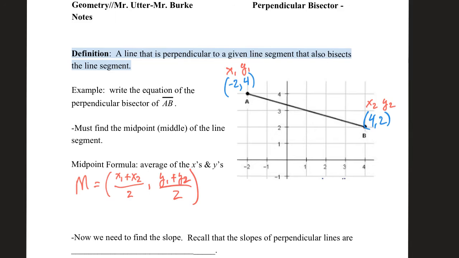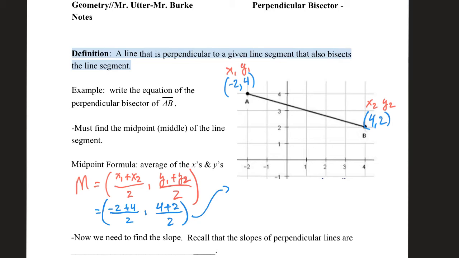So we have midpoint, I'm just going to plug in here. So x1 plus x2 is negative 2 plus 4, negative 2 plus 4 divided by 2. And my y's are 4 plus 2 divided by 2, close parenthesis. Draw a line to show my work here.